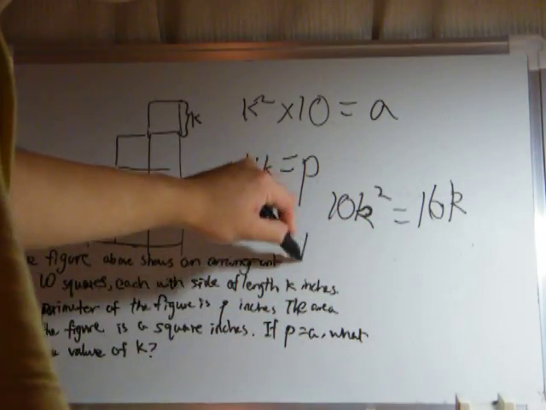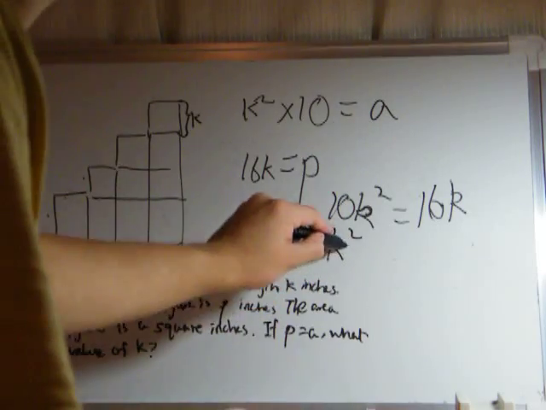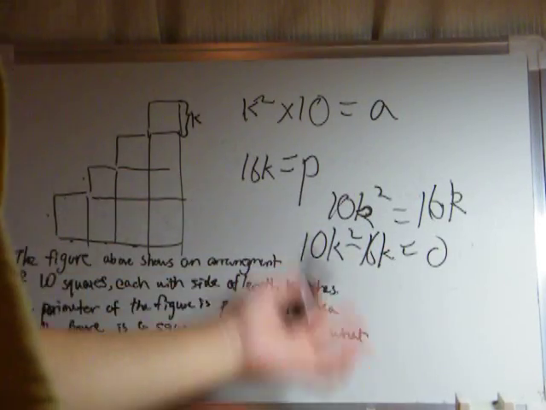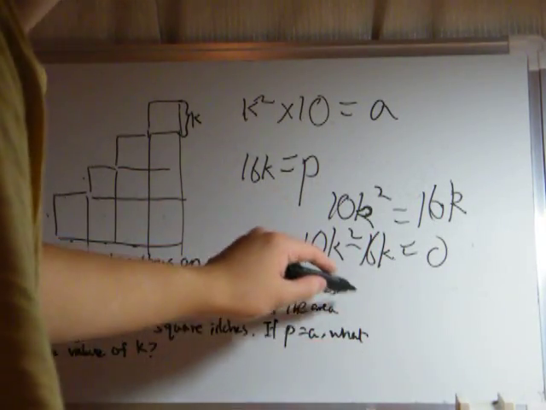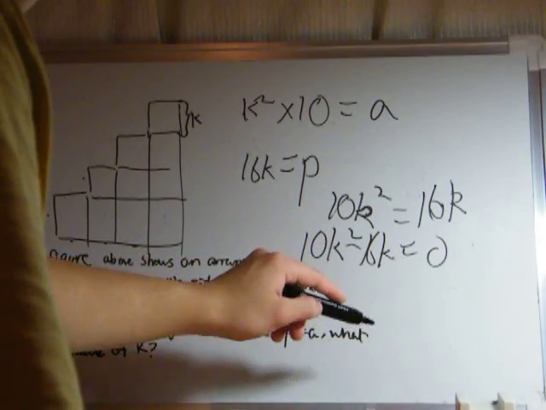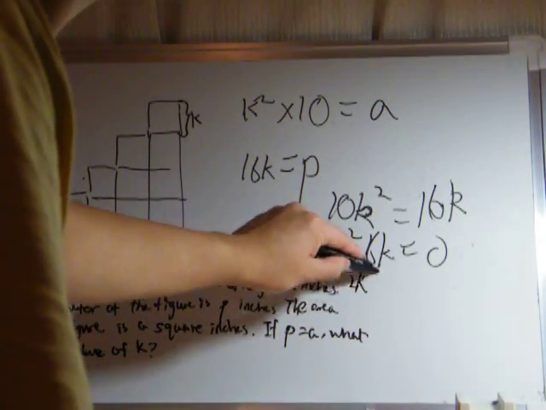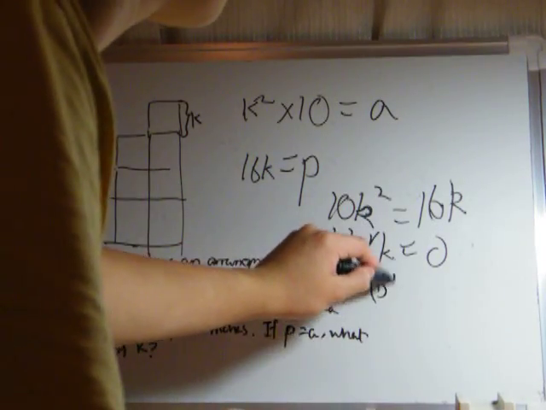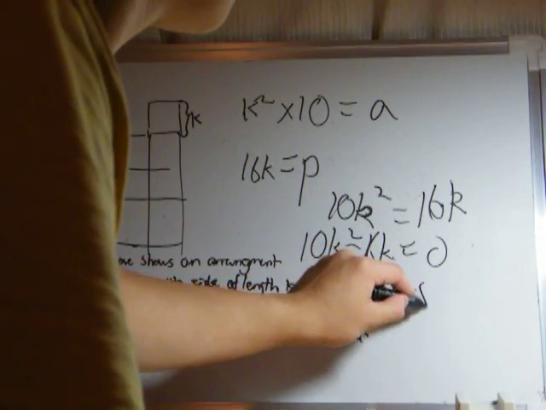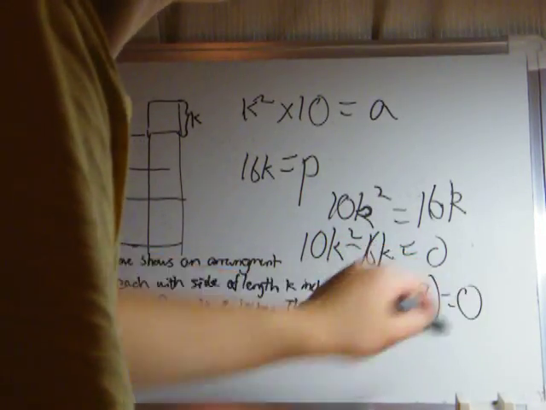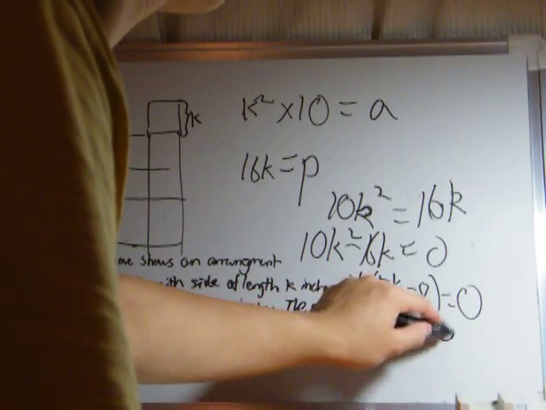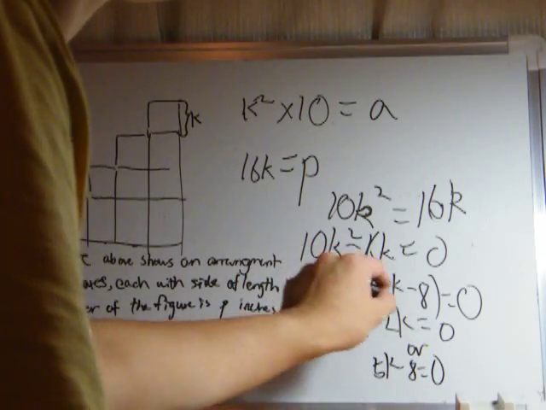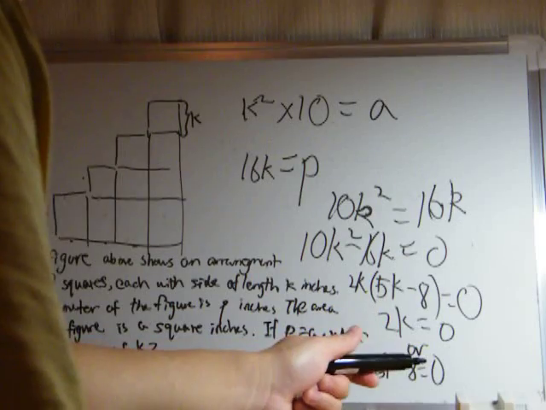So let's move it. It's basically solving a quadratic. We move it over here, so 10k squared minus 16k equals 0, and then factorize, and you get 2k times (5k minus 8) equals 0. We know 2k equals 0, or 5k minus 8 equals 0, because these two have a product of 0.